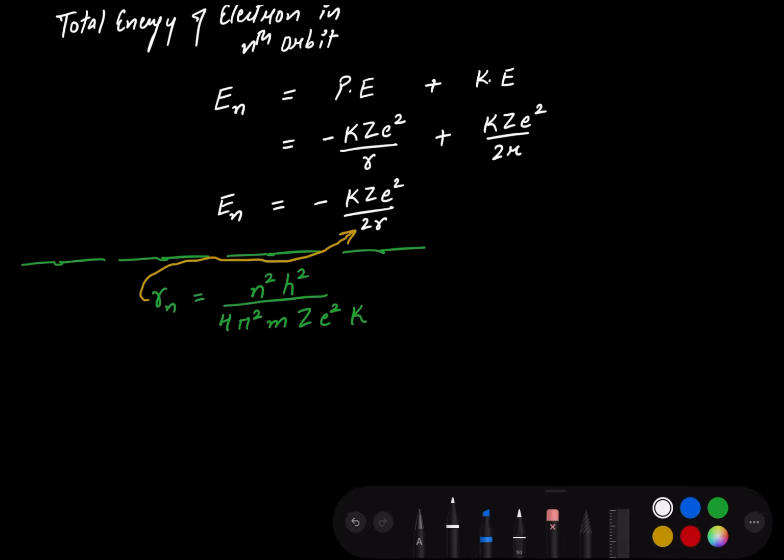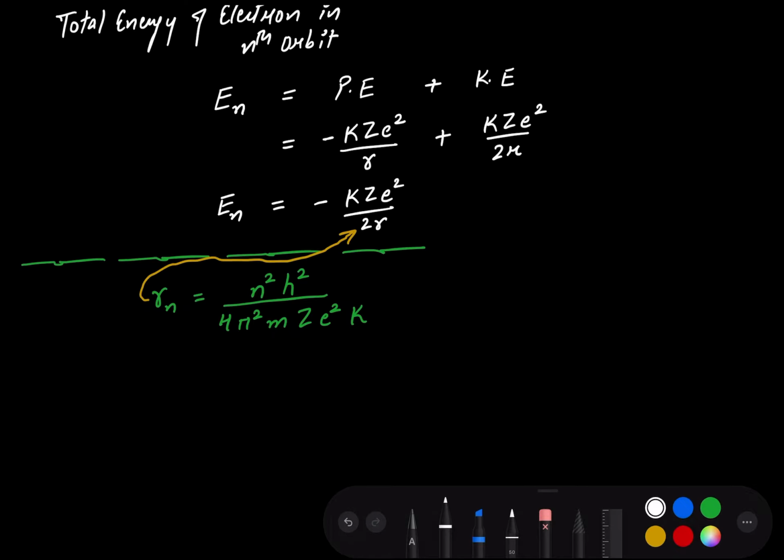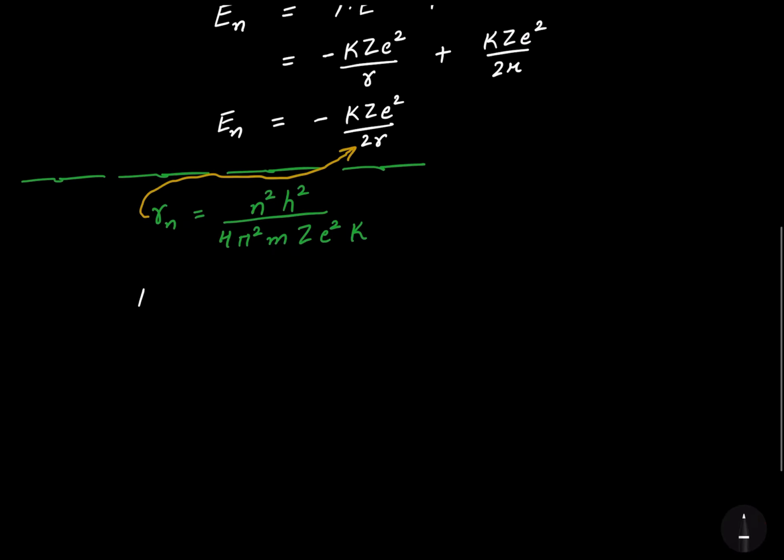So energy in nth orbit comes out to be minus k z e square divided by 2, and now the radius comes out to be n square h square divided by 4 pi square m z e square k.